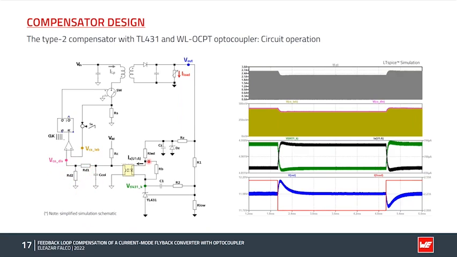Then we have the optocoupler LED current in black and the cathode voltage of the TL431 in green, the converter output voltage in blue, and the converter output current is shown in red.